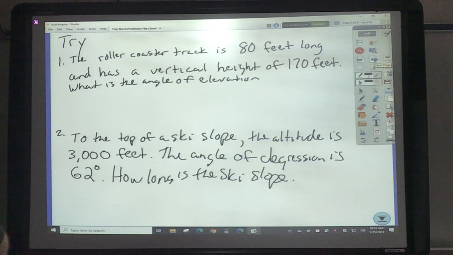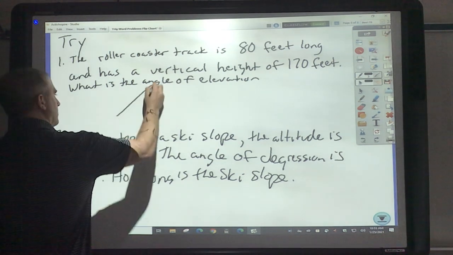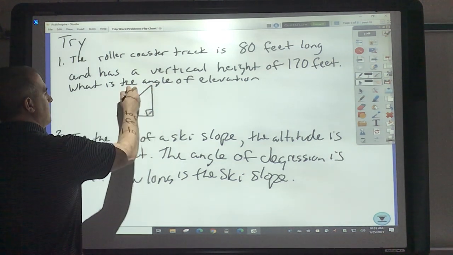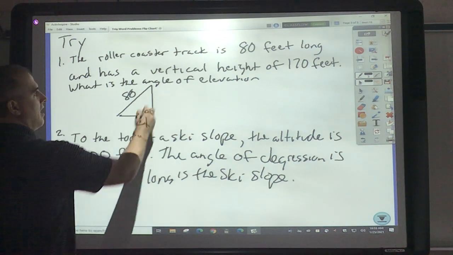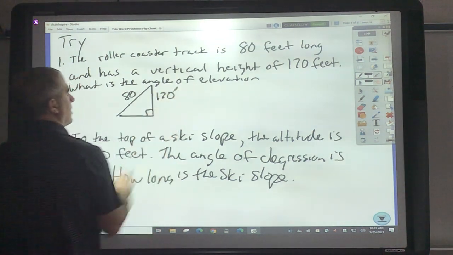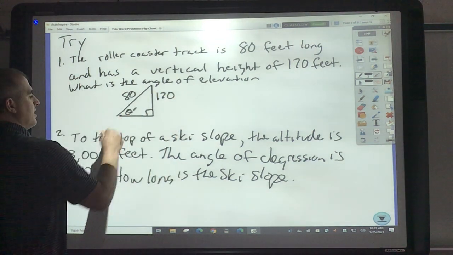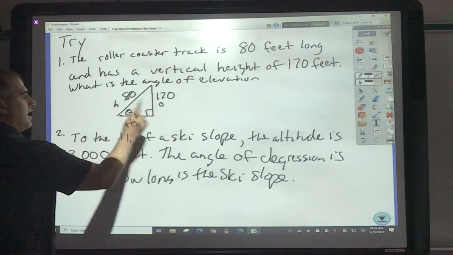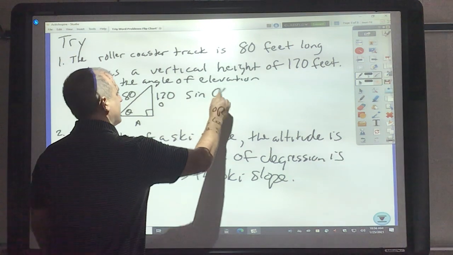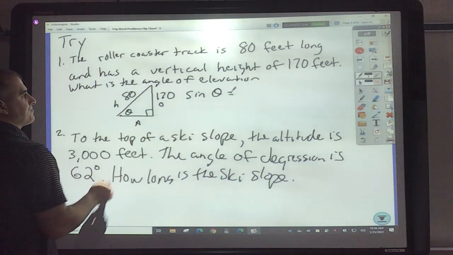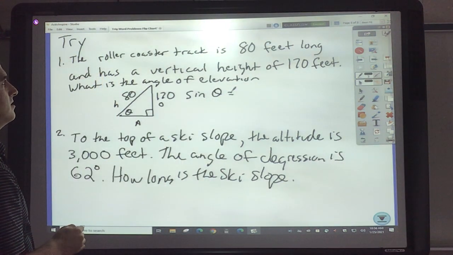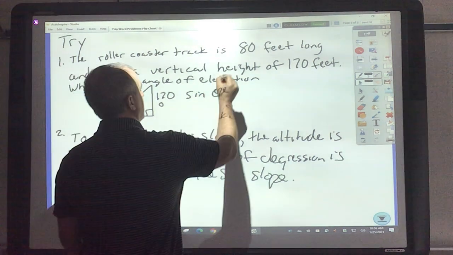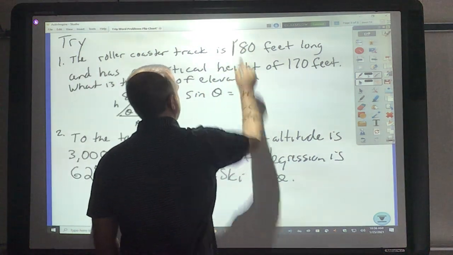The roller coaster track is 80 feet long and has a vertical height of 170 feet. What is the angle of elevation? Hypotenuse, opposite, adjacent. In this case I have opposite and hypotenuse, so that's sine of theta. Oops, that should be 180.